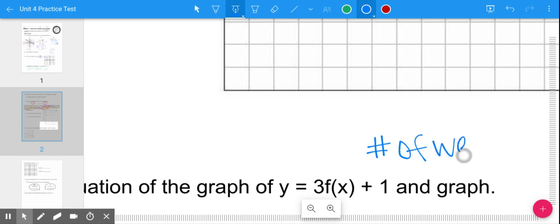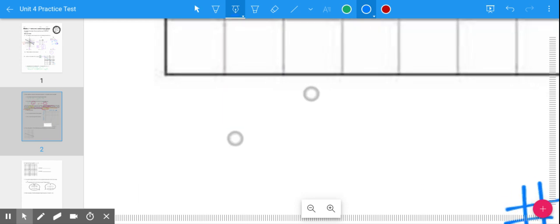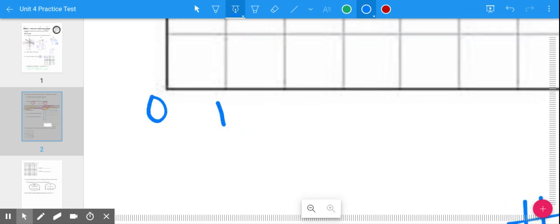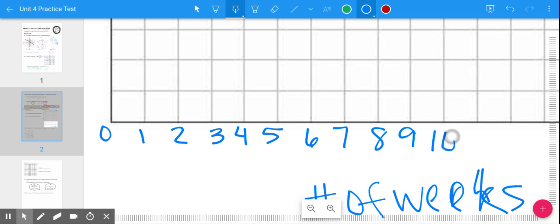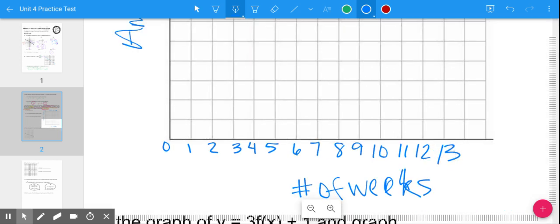So our x can go up by ones, and our y is going to go up by your slope. So I'm going to go up 0, 1, 2, 3, 4, 5, 6, 7, 8, 9. Okay, we're only going to go up 13.